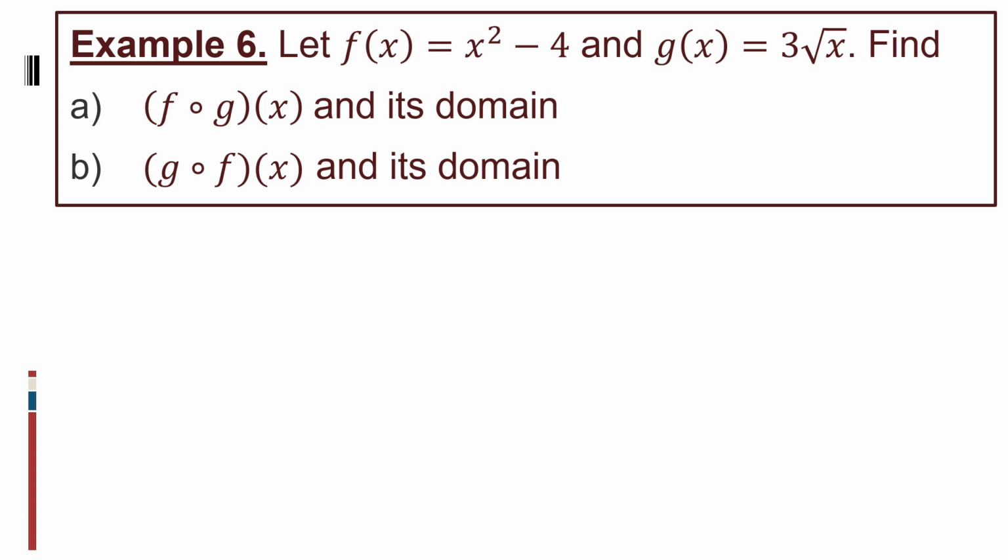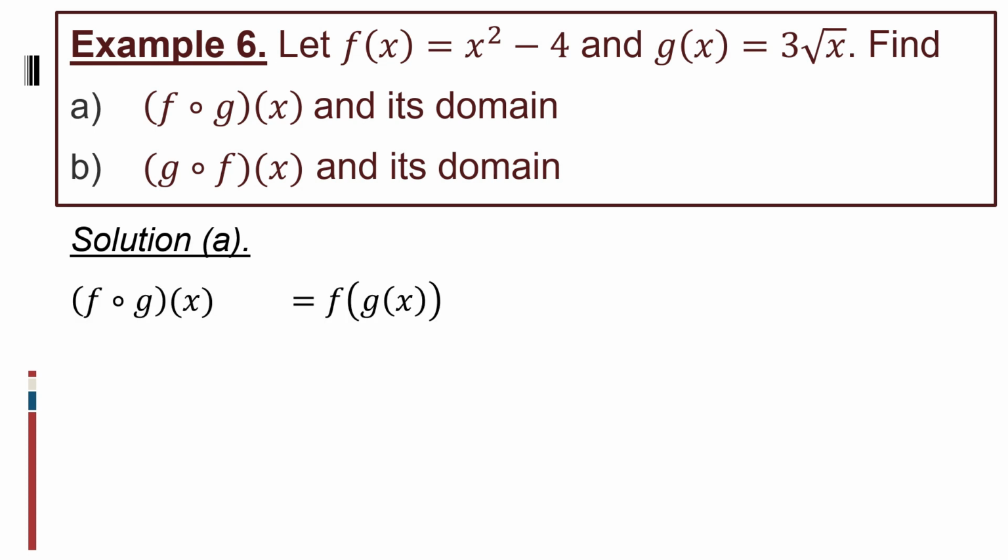And for the last example, we let f of x be equal to x squared minus 4 and g of x equals 3 square root of x. Then find f circle g of x and g circle f of x and their domains. So for our solution in A, we know that f circle g of x is equal to f of g of x.